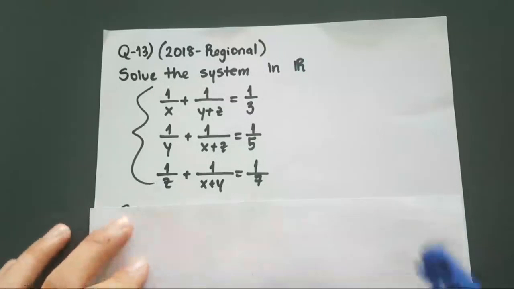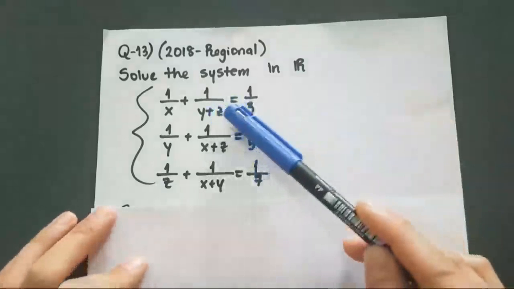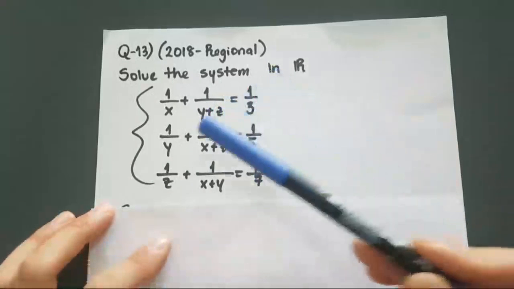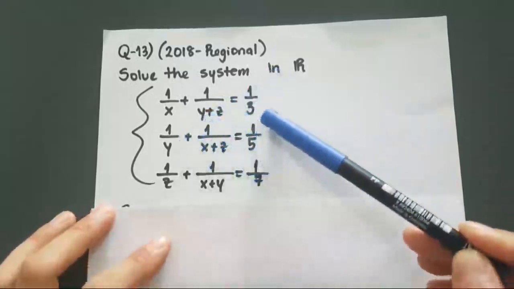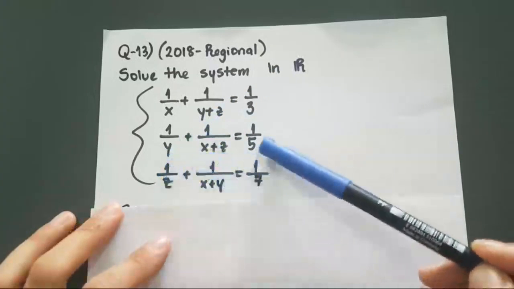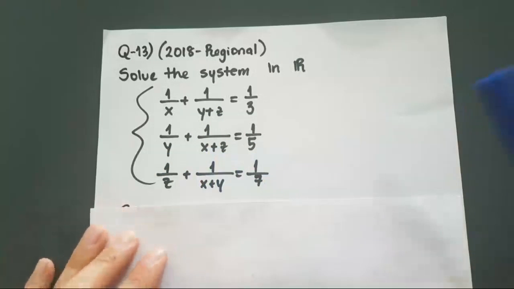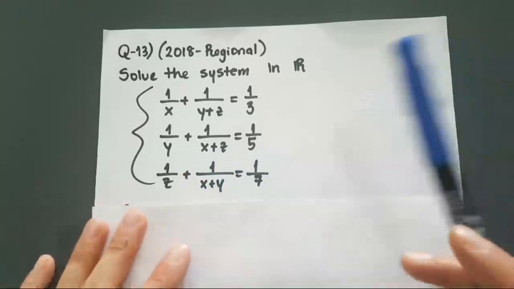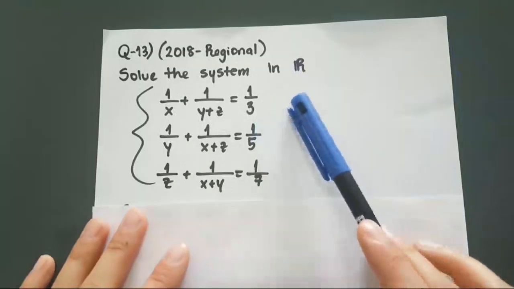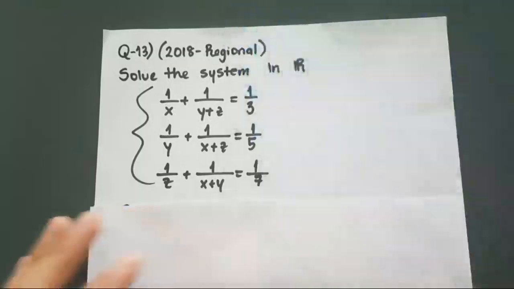Solve the system in the set of real numbers. 1 over x plus 1 over y plus z is 1 over 3. 1 over y plus 1 over x plus z is 1 over 5. 1 over z plus 1 over x plus y is equal to 1 over 7. Solve the system in the set of real numbers. As I remember, this question was in Sigma and they asked it last year in regional.